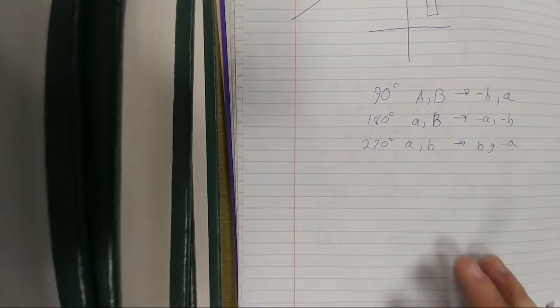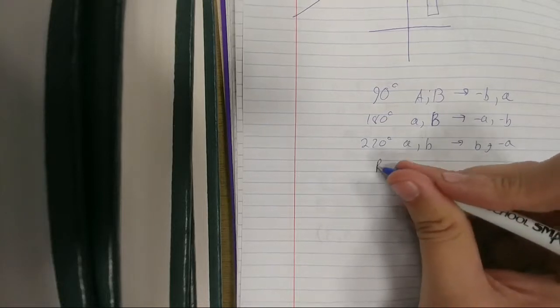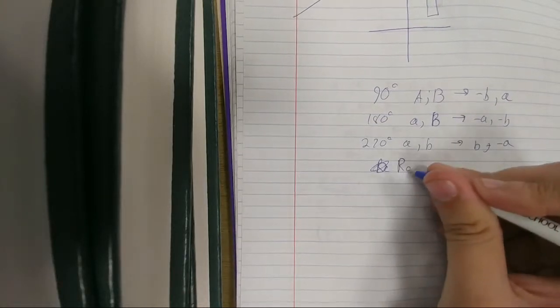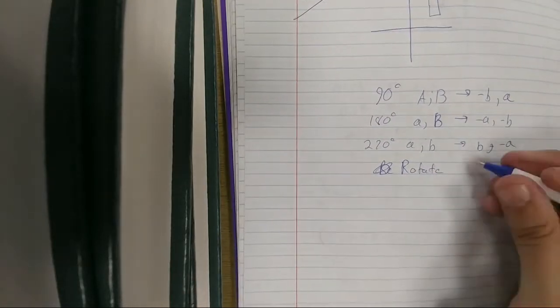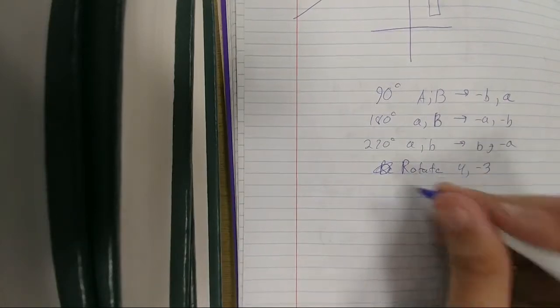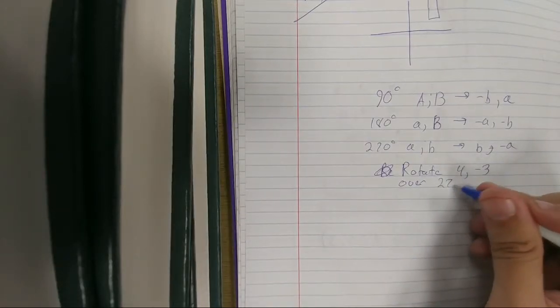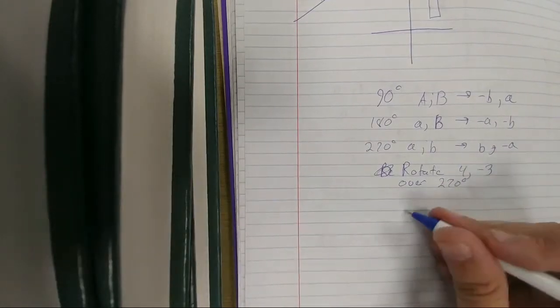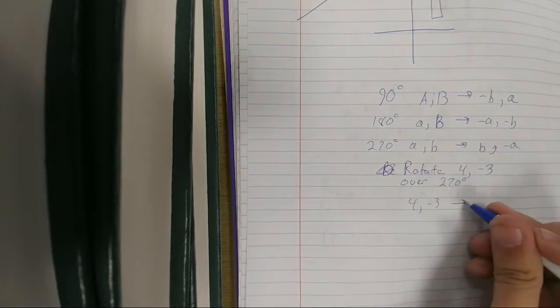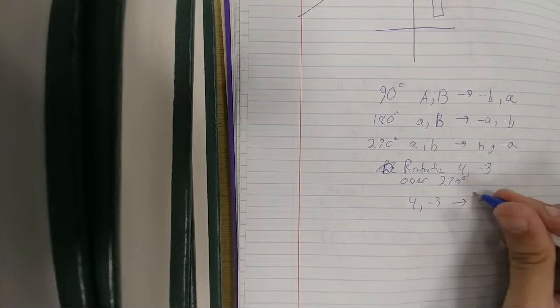I'm just going to write the problems like this and say something like rotate 4 comma negative 3 over 270 degrees. So 4 comma negative 3 will become negative 3 comma negative 4.